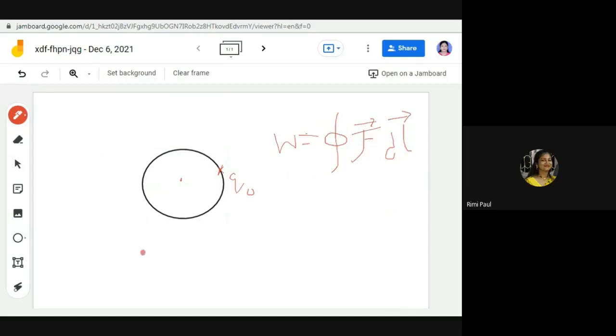Now what is F? F is the force, that is equal to q naught E bar.